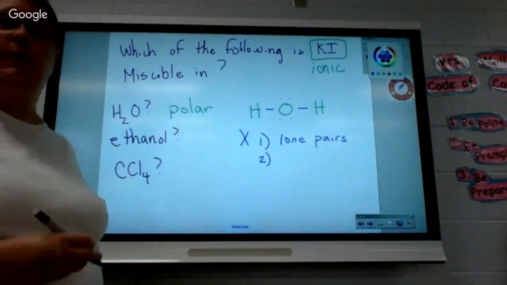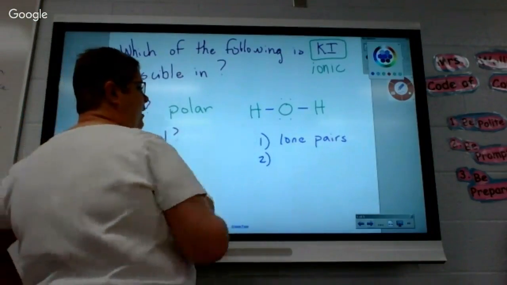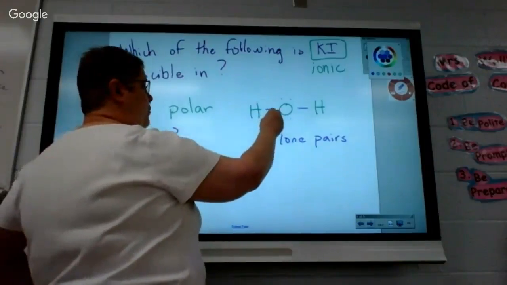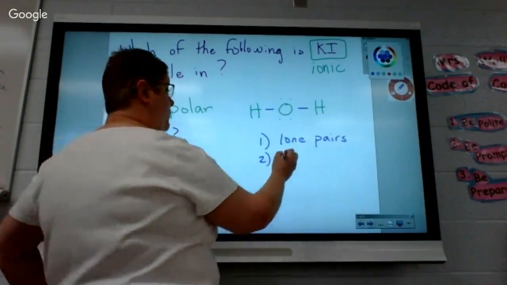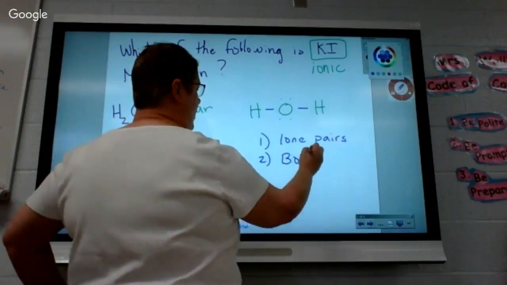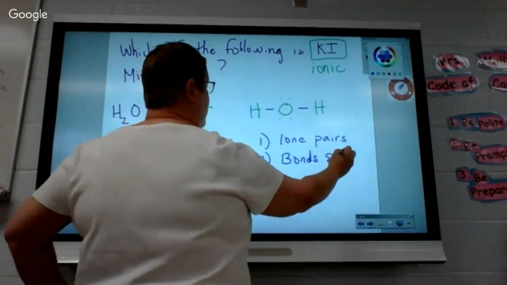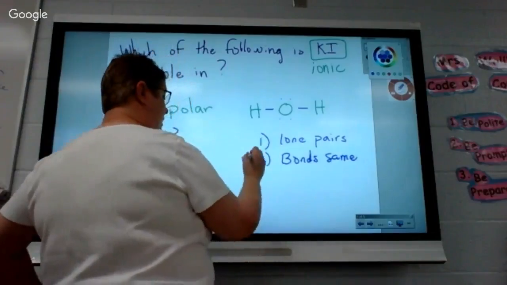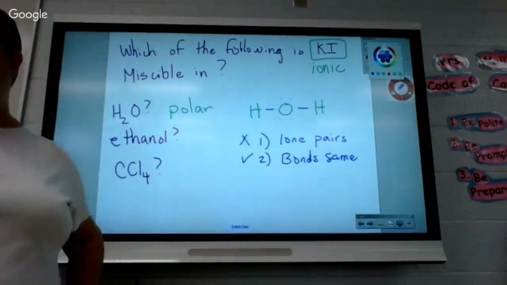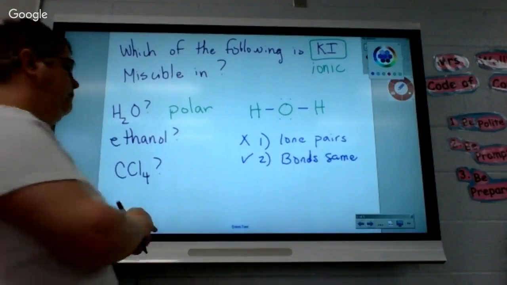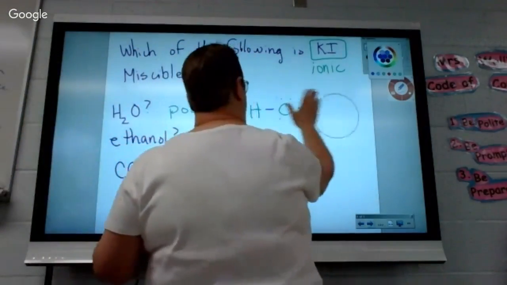Okay, so that's why it was polar. All right, the second rule we had was, were these bonds the same? So were the bonds the same? Yes. Okay. So in this particular example, the bonds were the same, but we had lone pairs, so that was a no. That's why it was polar. Okay.